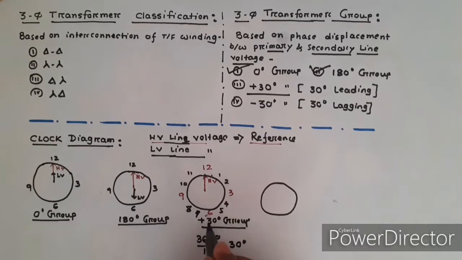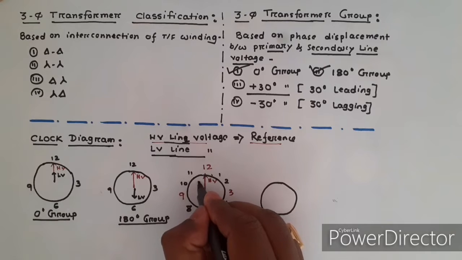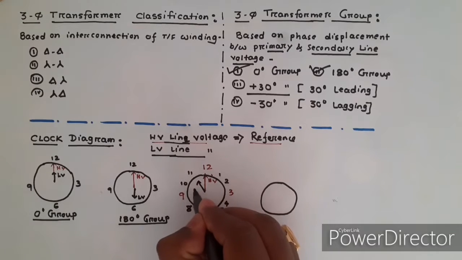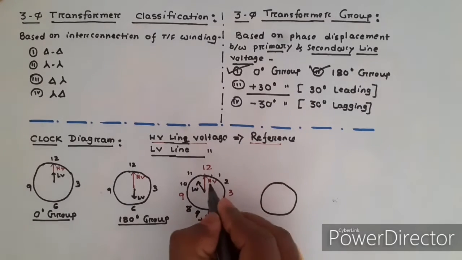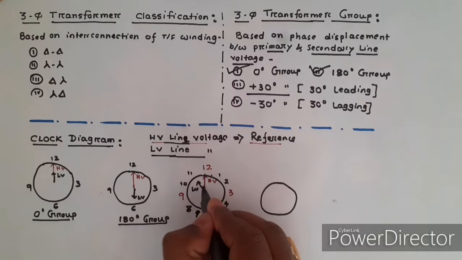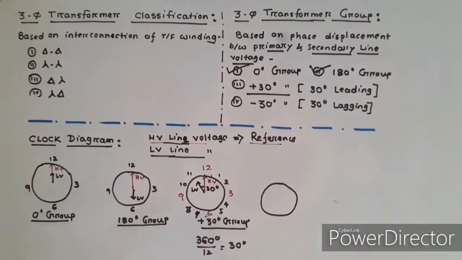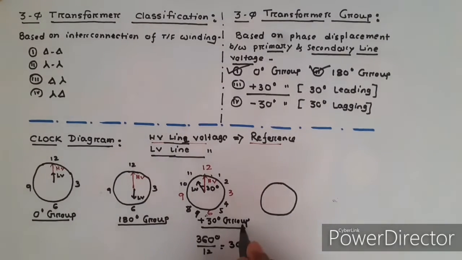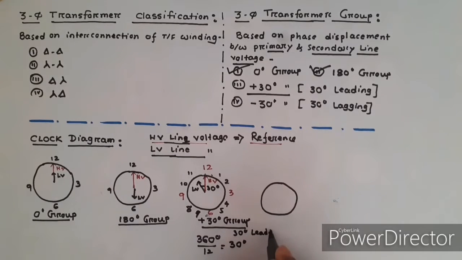Here plus 30 degree means LV line voltage will lead. This will be the LV line voltage. LV line voltage will lead HV line voltage by 30 degree. This angle is 30 degree. That means if the HV line voltage is at 12 o'clock, then LV line voltage will be at 11 o'clock, and it is called plus 30 degree group or 30 degree leading.